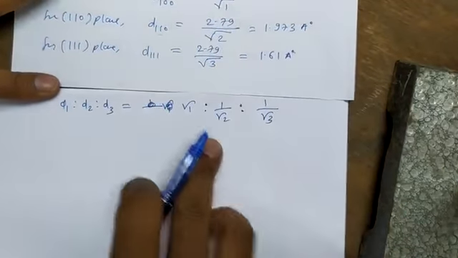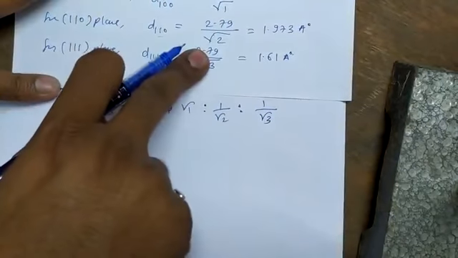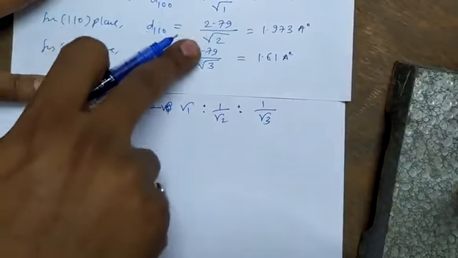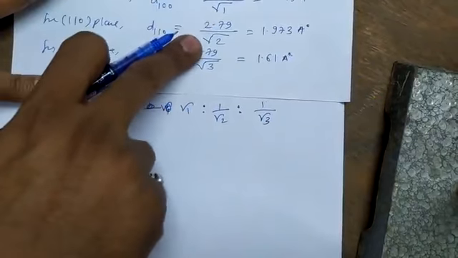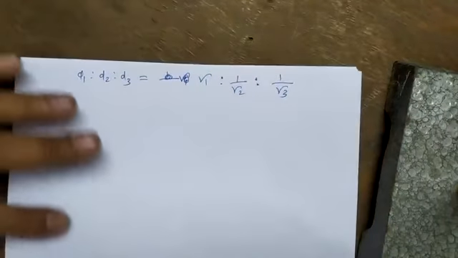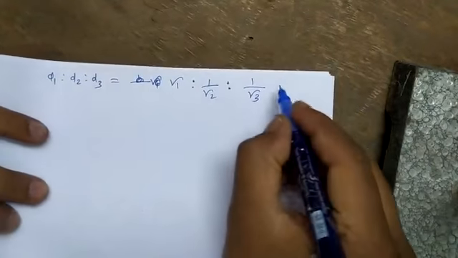If we take this equation and divide the total equation by 2.79, we get 1 as to 1 upon root 2 and 1 upon root 3. Okay. Suppose this is equation number 3.